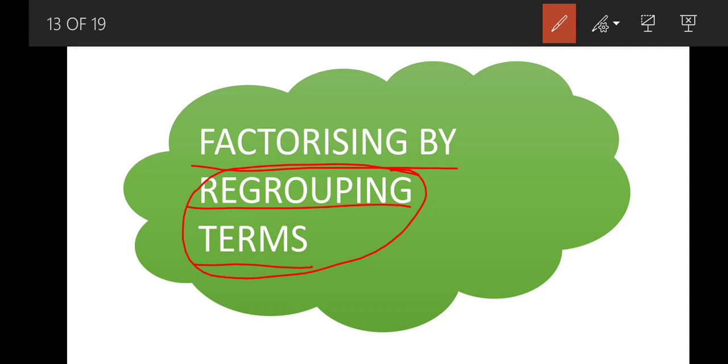Regrouping is basically rearranging the expression so that you can form groups and take something common, and then you will be able to get your answer.